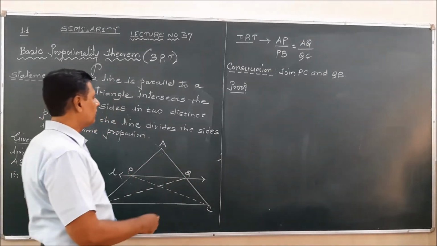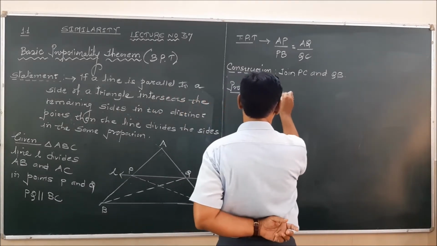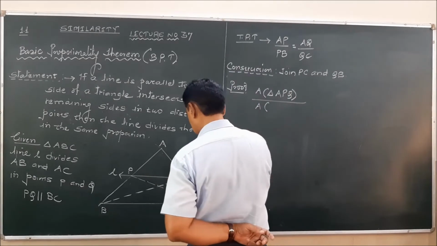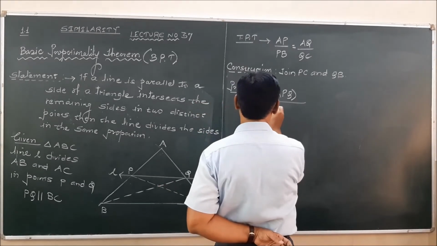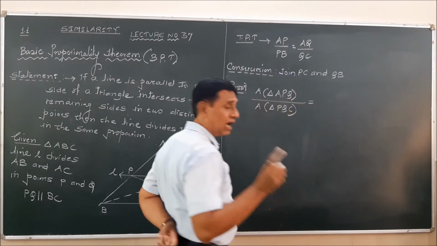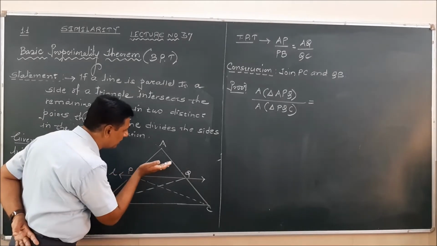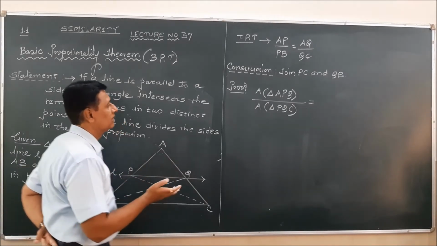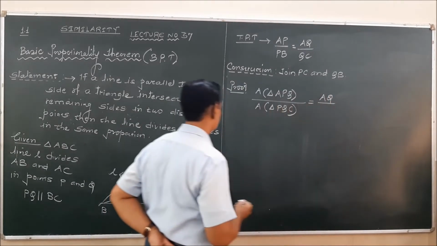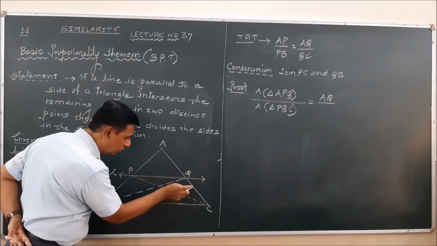So area of triangle APQ upon area of triangle PQC is equal to, heights same, drawn from the same vertex, base of APQ is AQ upon, for triangle PQC, the base is QC.